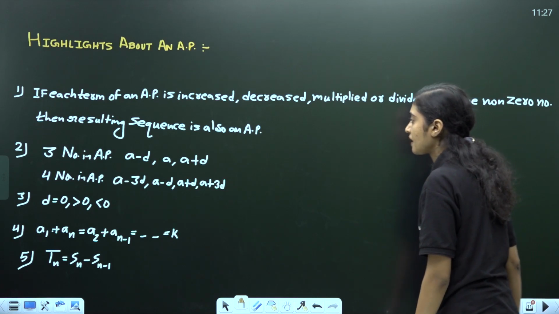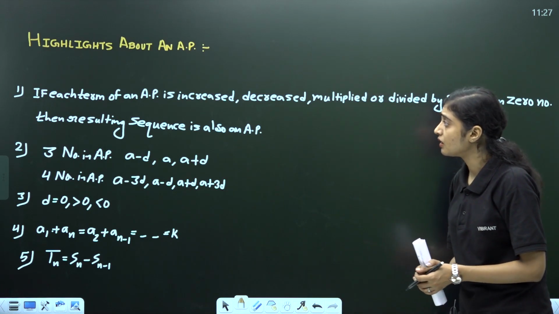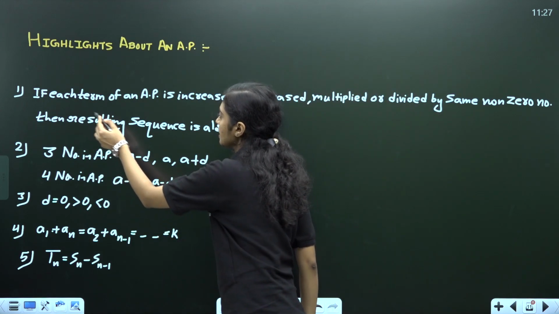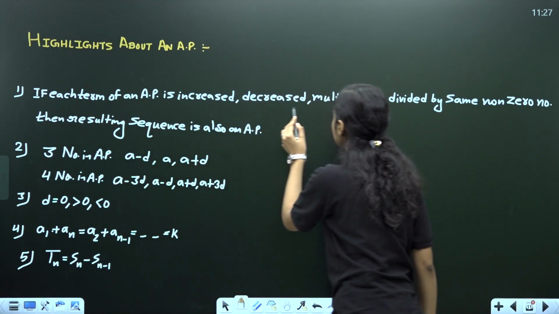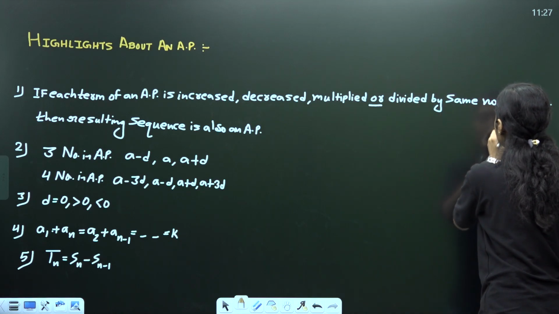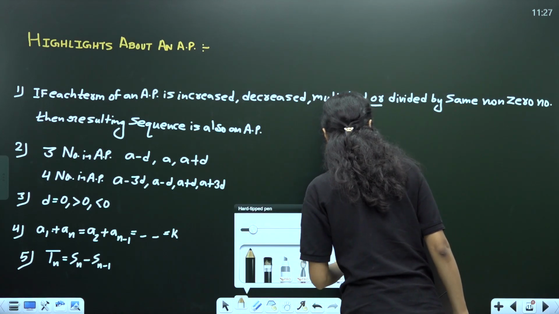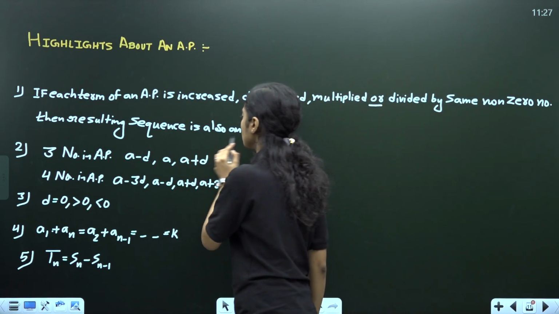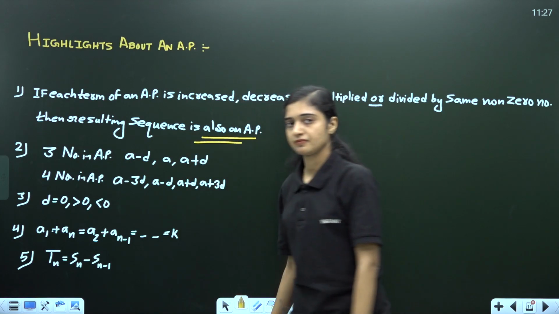Okay, some highlights about an AP. If each term of an AP is increased, decreased, multiplied or divided by the same non-zero number, then the resulting sequence is also an AP.